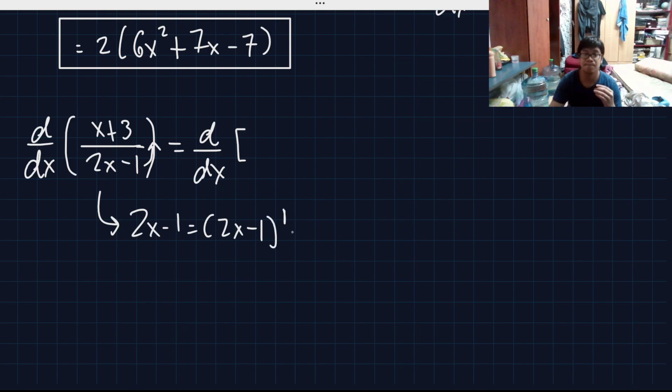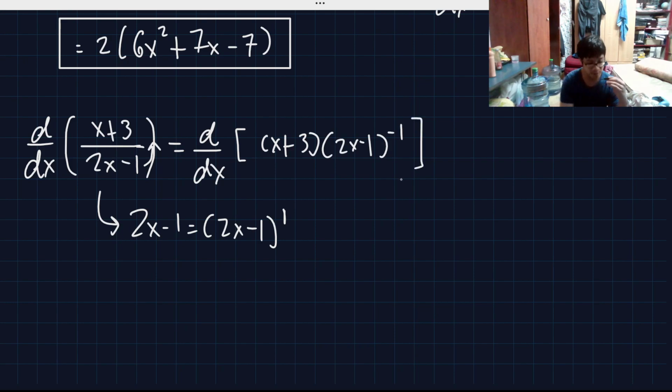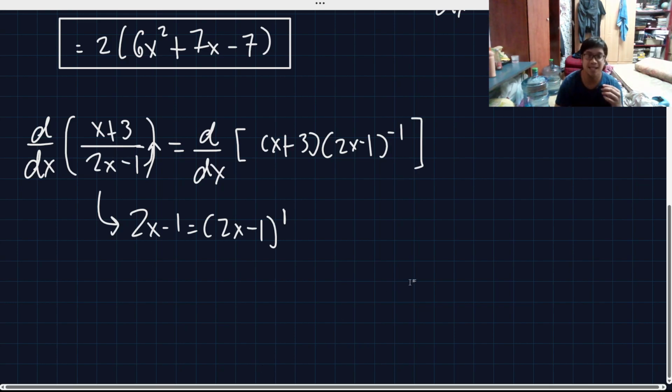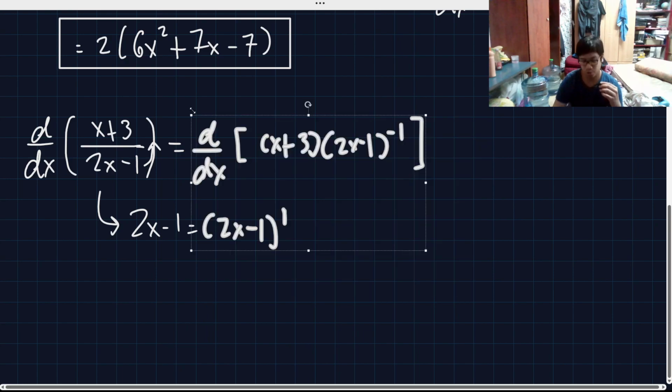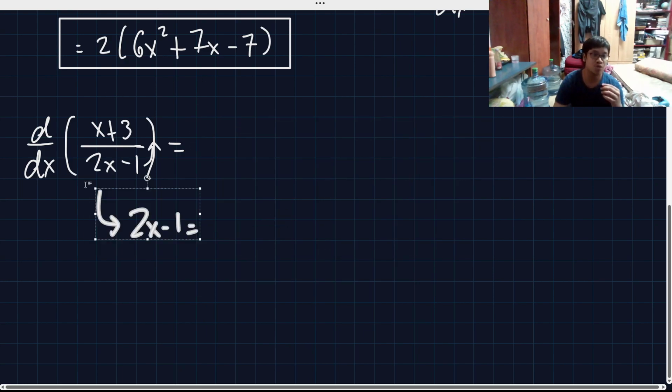Now, if you're going to bring it up, there's a change of sign of the exponent. Hence, you will have quantity x plus 3 times quantity 2x minus 1 raised to negative 1. That would be the result. Then there, you can use the product rule of differentiation. Now, I wouldn't do that because for me, that's actually a hassle. What I'm going to use is the quotient rule.